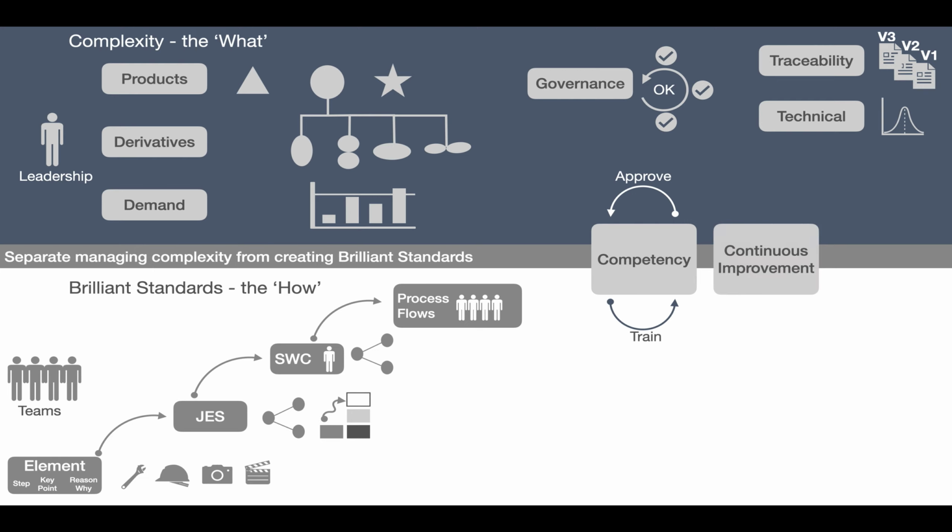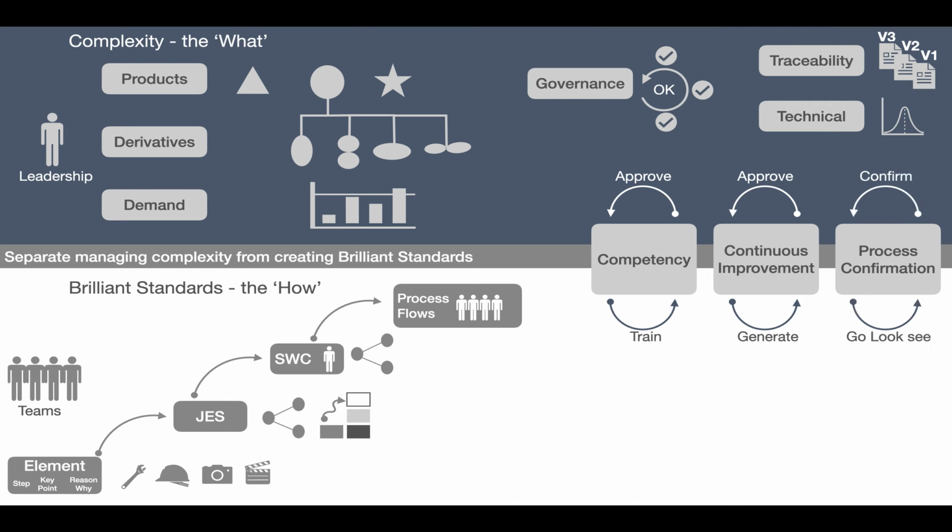Continuous improvement, again, we generate the continuous improvement with the teams, and we have an approval process to maintain control that sits with leadership, and likewise with process confirmations where we do our go-look-sees and we're able to confirm what it is that we see.